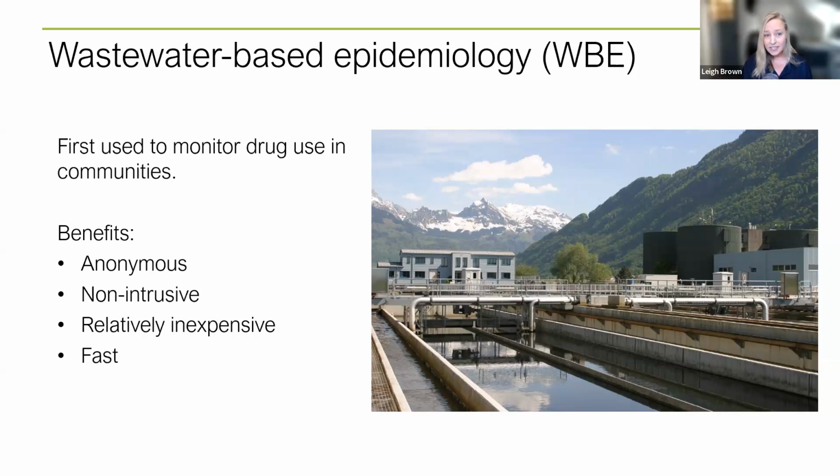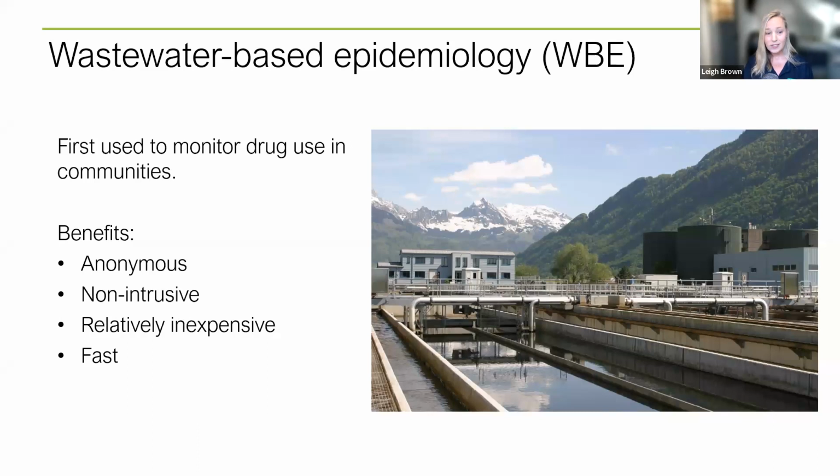There's a lot of benefits that come with using this wastewater-based epidemiology. Obviously, it's anonymous, so we're looking at everyone's poop, not just yours. So this is kind of a part of the ethics that are going to come into play here. So depending on how large of a sample size or a pool you're looking at, it can be more or less anonymous. But typically in the U.S., we're looking at very large, like city-based sewage, or maybe from a large university, right?